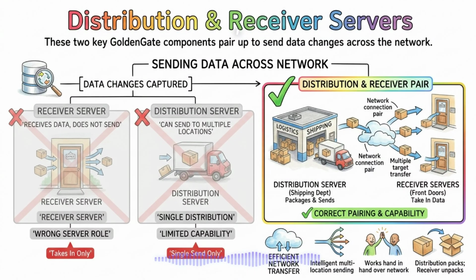It is highly intelligent and can send data to multiple different locations at the exact same time. The exam frequently asks about the relationship between the distribution server and the receiver server. So remember that they work together as a pair over the network.